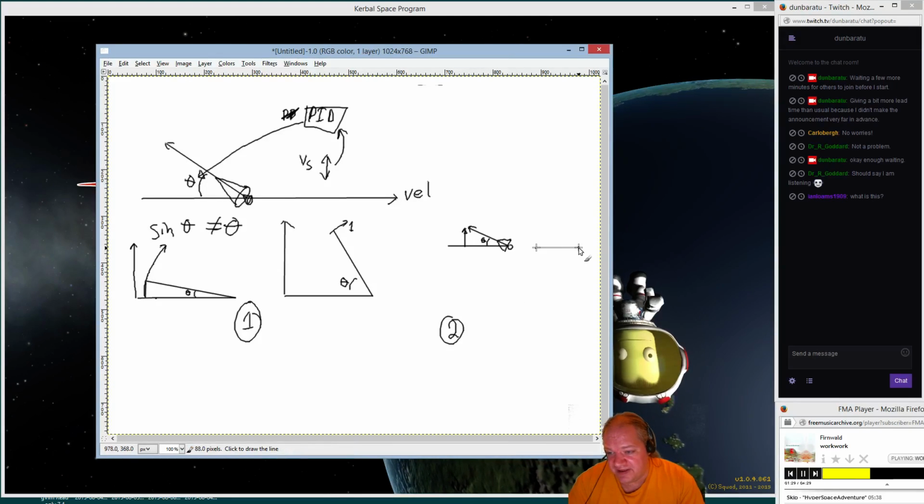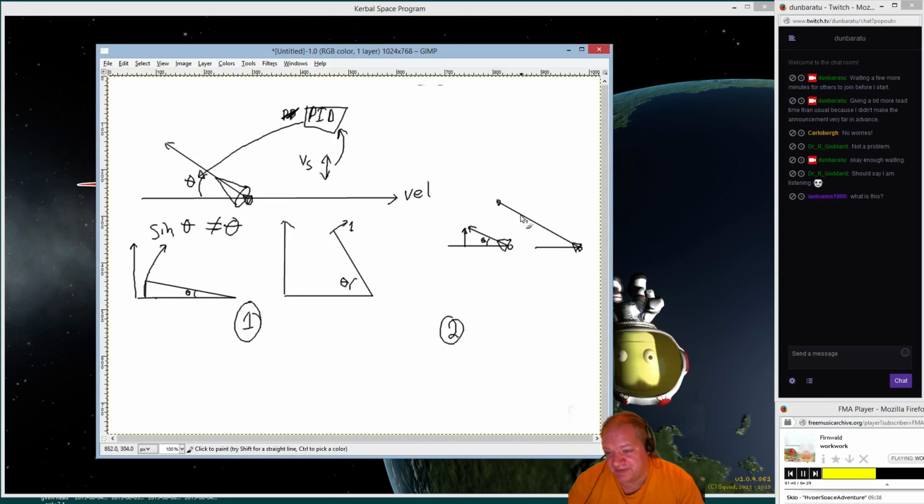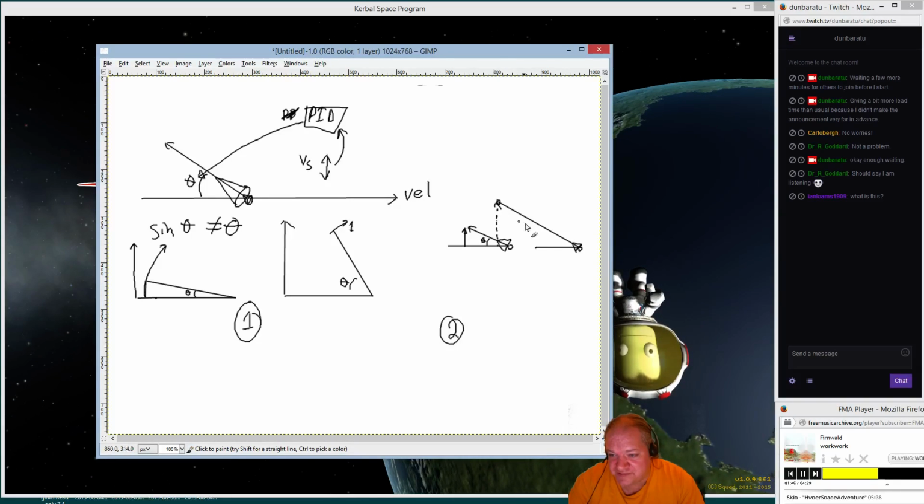If that engine has exactly the same angle, but has a much bigger thrust, I guess I should say thrust to weight, because we're actually talking about the acceleration you get, then that same angle produces a much larger vertical amount.